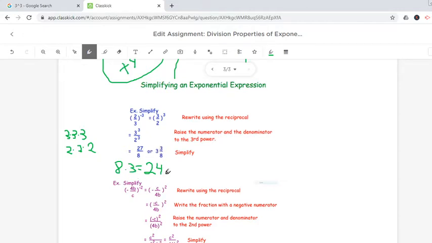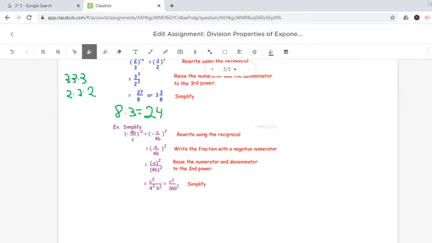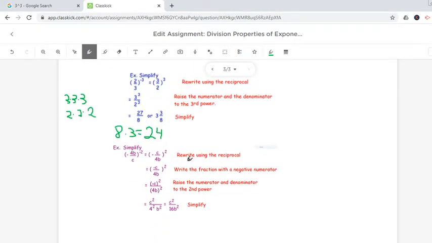And then we have 25, 26, 27. So that's 3 more. So 3 out of 8 more. So the answer is 3 and 3/8. Okay. So simplify. Next example.